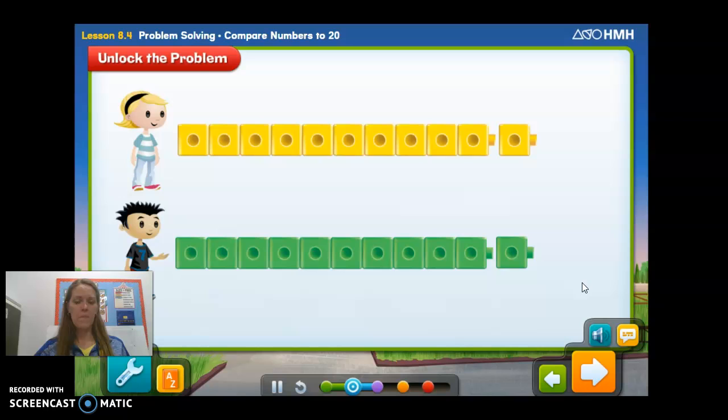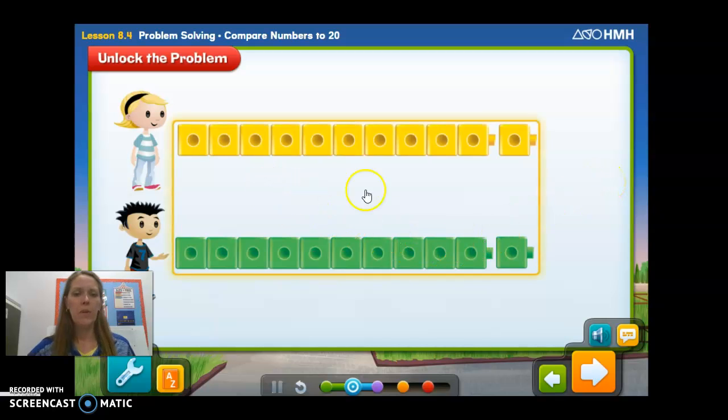Now, let's compare the two models to see who has more cubes. We can compare the trains by matching or counting. When we compare our trains, she has a train of 10 and 1 extra. He has a train of 10 and 1 extra. So does one of them have more, less, or the same?